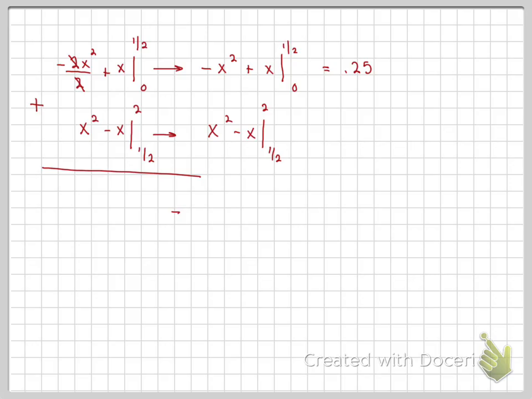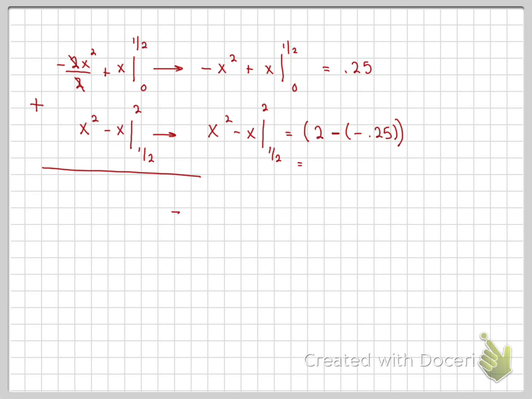Then we'll do the same thing down here. We'll first store a 2 and then enter in x squared minus x, and when you enter in a 2, you get 2 minus, now what we're going to do is store the 1/2, and then second enter, enter, and get a negative 0.25.